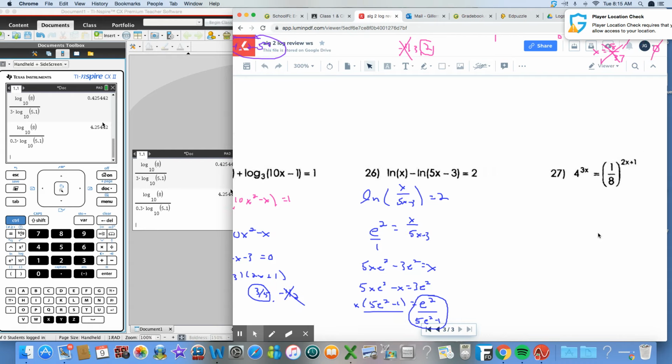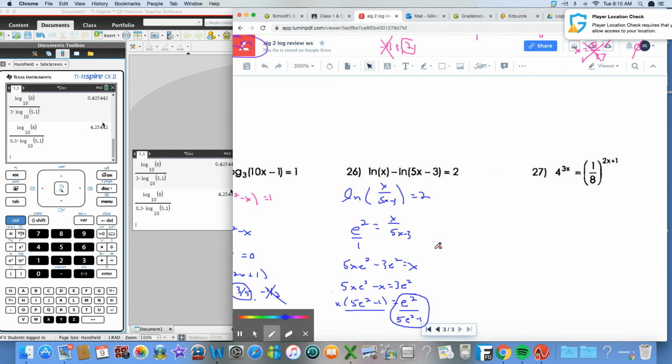And last one. We have 4 and 1/8. Well, we can rewrite this in terms of 2. 2 squared to the 3x. And this is 2 cubed, but we just make it negative, right? 2 to the negative third, that's 1/8, to the 2x plus 1. So forget about the bases. We just have the exponents. 2 times 3x is 6x.